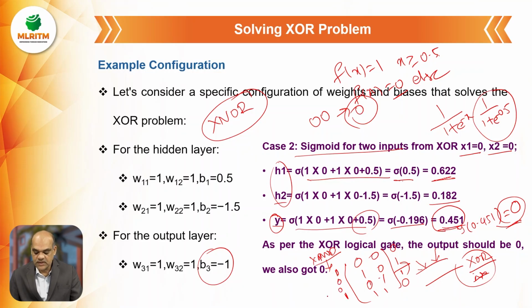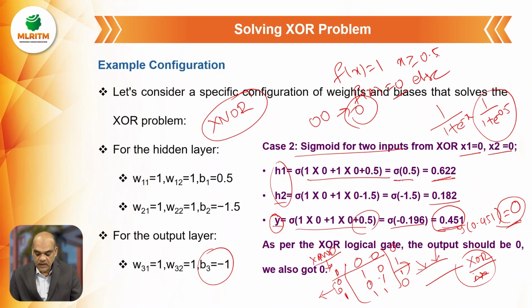When both the inputs are different, we are going to get 0. So the same combination we can apply for XNOR also.